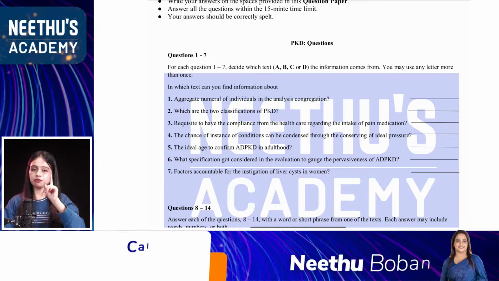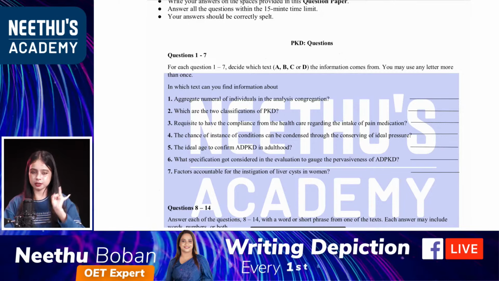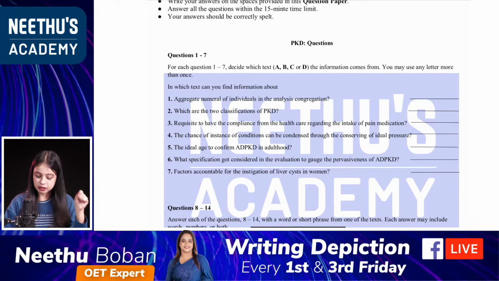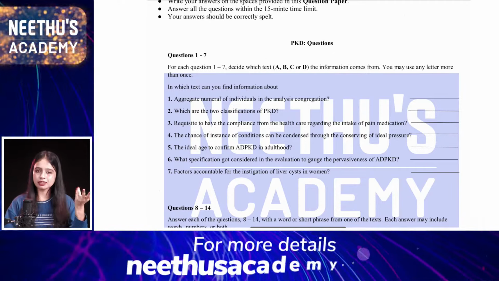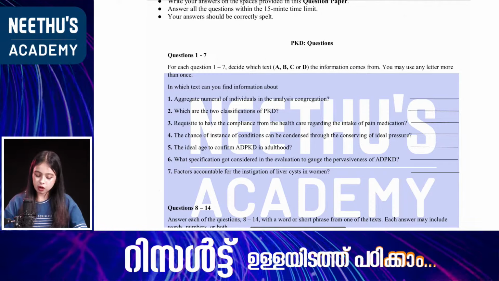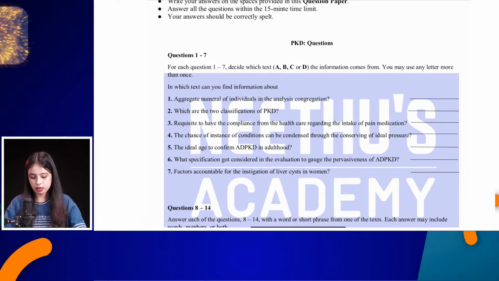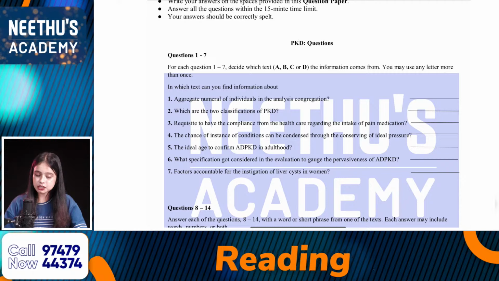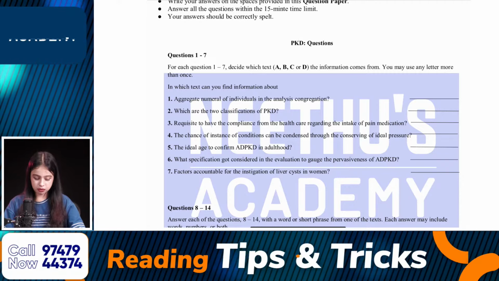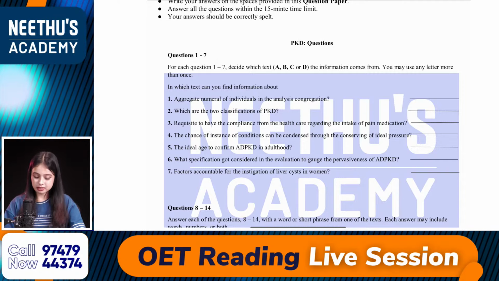Okay, what about the first one? So let me know about your keywords and your answer. Please mention your keyword plus your answer. First one: aggregate numeral of individuals in the analysis of congregation. What are the keywords from the first question and what is your answer? No answers?